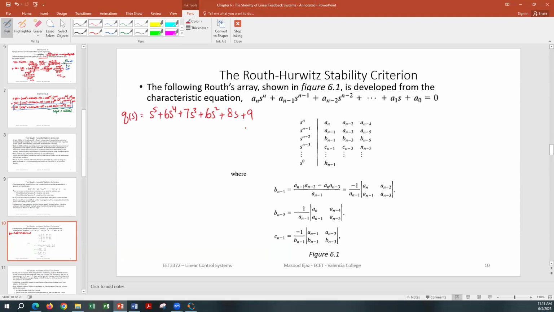If I'm creating a Routh-Hurwitz array, then on the left-hand side, I'm going to write down s^5, s^4, s^3, s^2, s^1, and s^0.